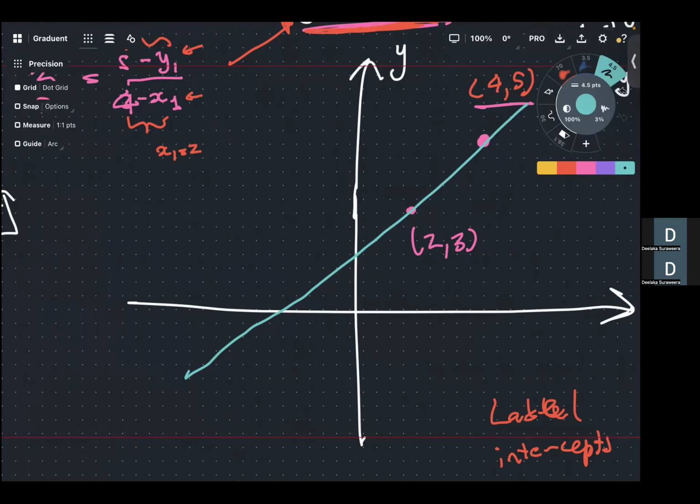So the y-intercept is the intersection of the y-axis and the line. The x-intercept is the intersection of the x-axis and the line. And you'll be required to find these intercepts and label them on your graph. How do you label these intercepts? I guarantee you on the test, every single question that requires graphing will require you to find the intercepts.